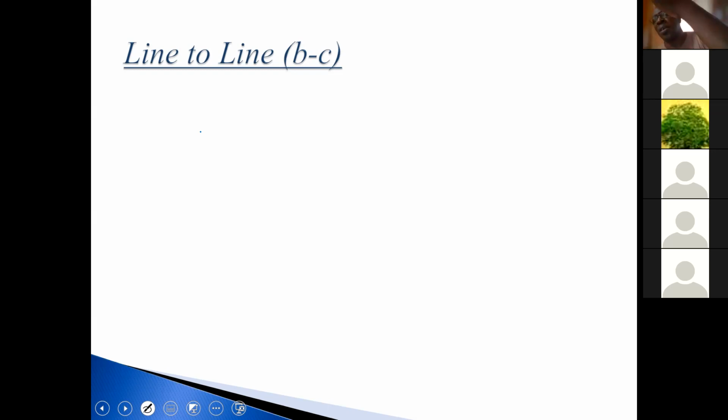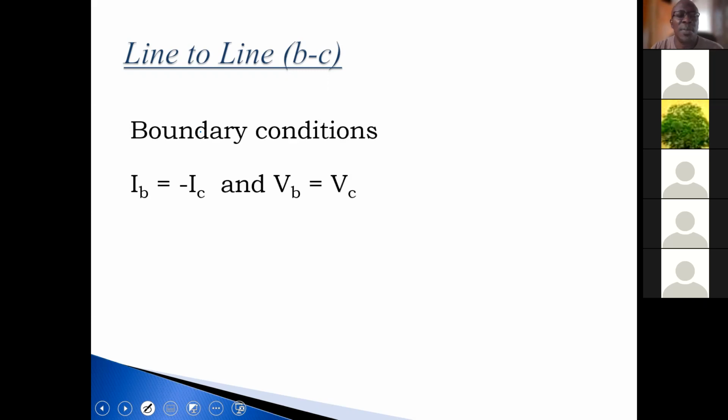So IB would be going in the opposite direction of IC, and VB would be equal to VC, because they're touching each other, so they must be at the same potential. We don't know what the potential is, but what we know is that they are equal. So the boundary conditions would be IB equal to minus IC, and VB is equal to VC.